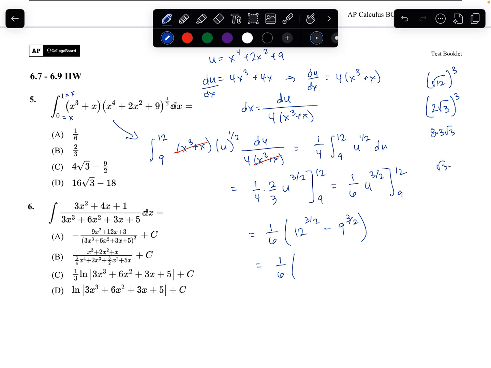Because if you do root 3 times root 3 times root 3, that's going to be 3 root 3, yeah.